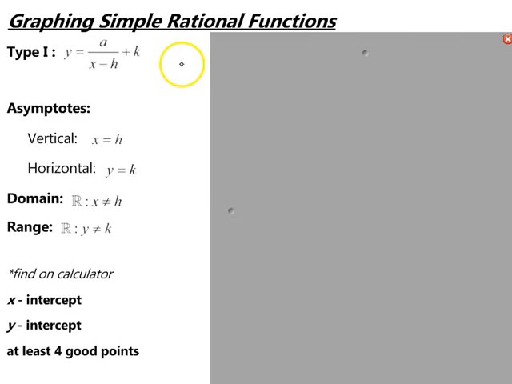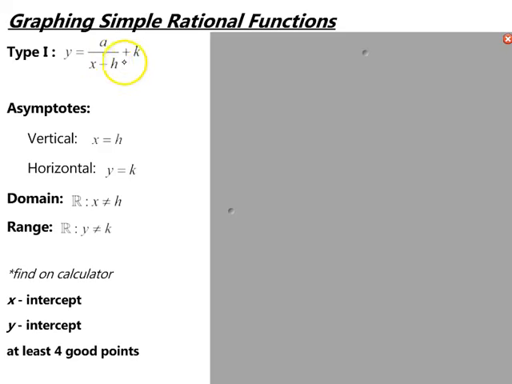As we continue graphing simple rational functions, we want to talk about two different types. The first type, you'll see the function written in the form y equals a over x minus h plus k. And the information we gather from there are the asymptotes. The vertical asymptote is going to be the line x equals h. Now remember, just as we've talked about with transformations, the h in the formula is x minus h.